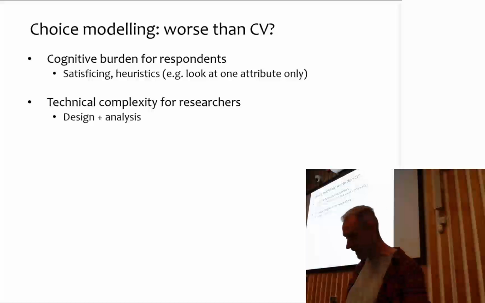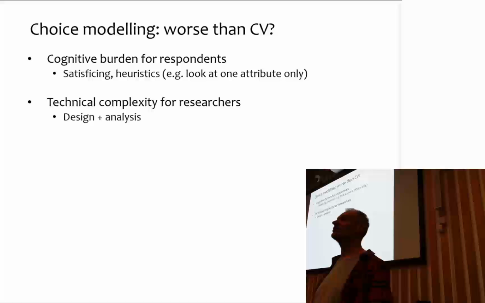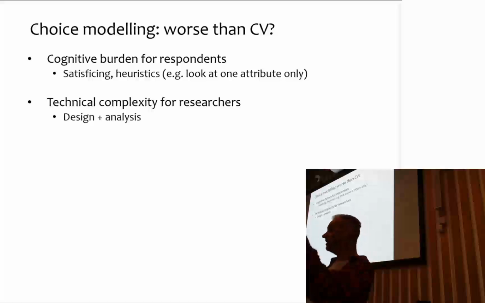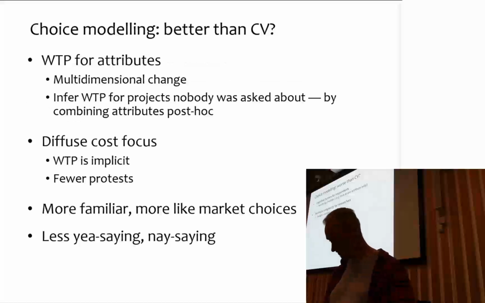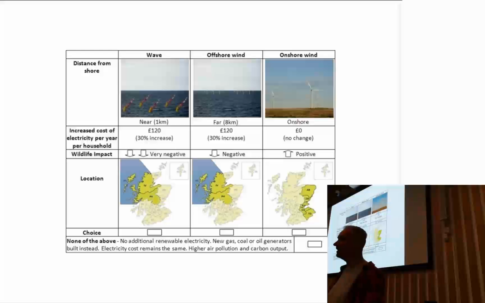One thing that has been observed in the way people respond to these things is that you give them 4 attributes, but for all the choices that they're going to make, they're just going to focus on the location, if they're very selfish, right? If it's near my home, I'm against. If it's somewhere else, I don't care. So that is how I choose.